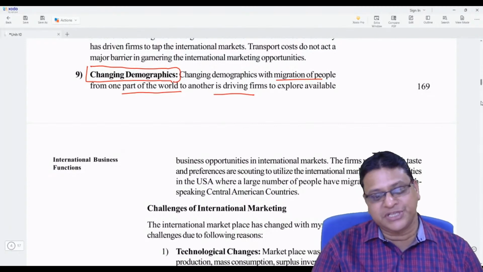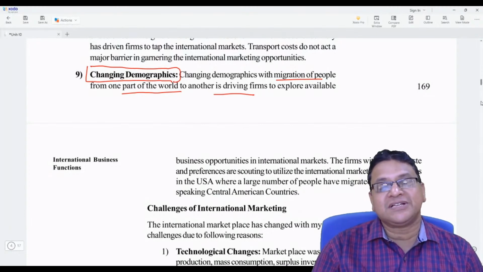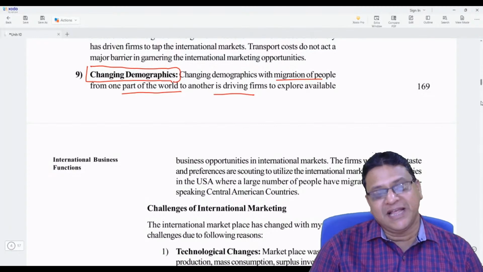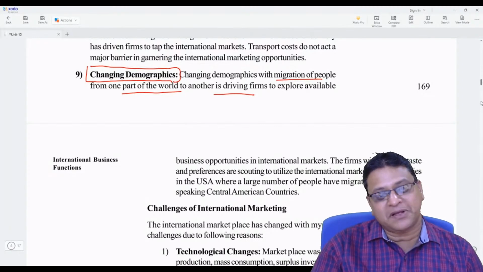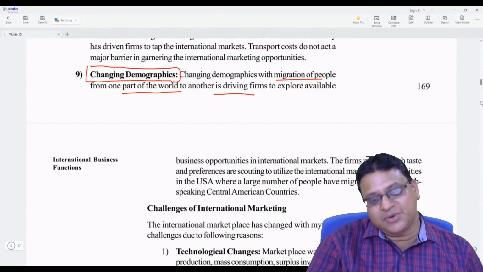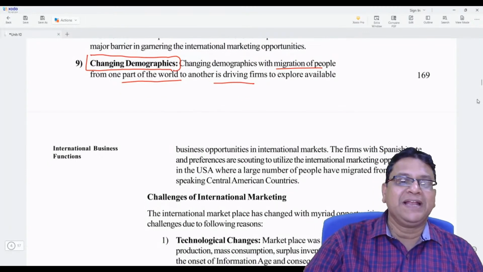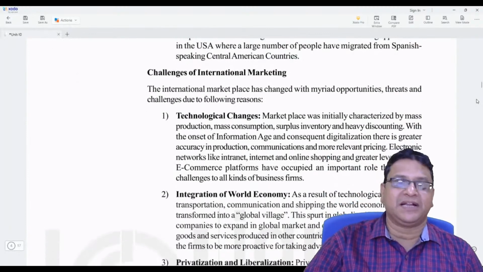As a result of which, there is scope for international marketing. Indian companies can sell their products in the US market first to persons of Indian origin, then to other US citizens. These are the main drivers of international marketing.